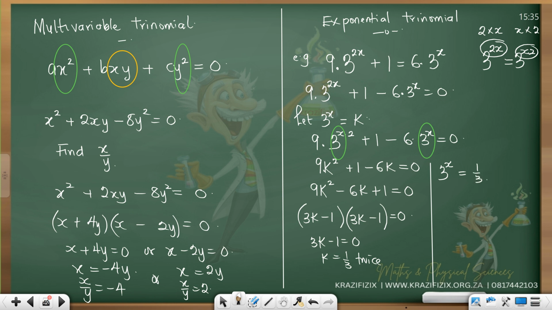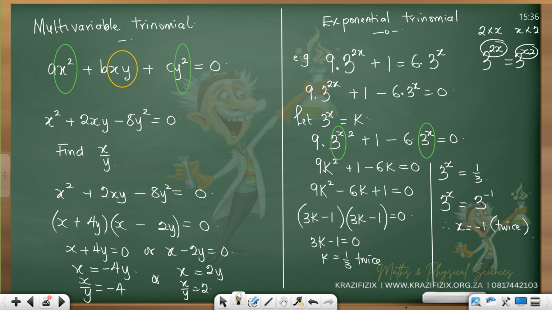How do we do this? Laws of exponent. We're really going to go back into exponent. This is 3 to the power negative 1. Therefore, x equals negative 1. Twice. Laws of exponent. 1 over 3 can be written as 3 to the power negative 1. Both sides must have the same base.